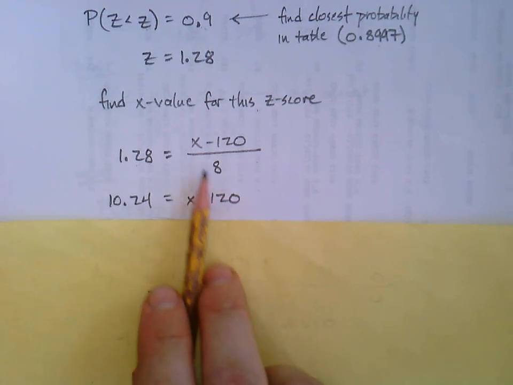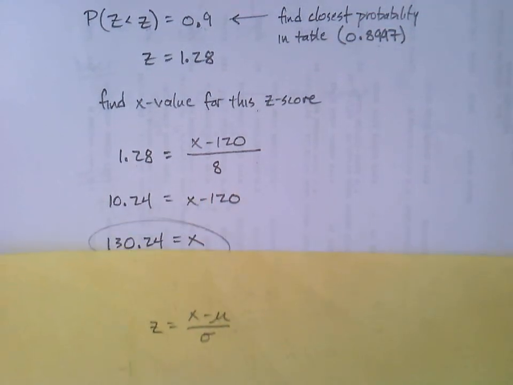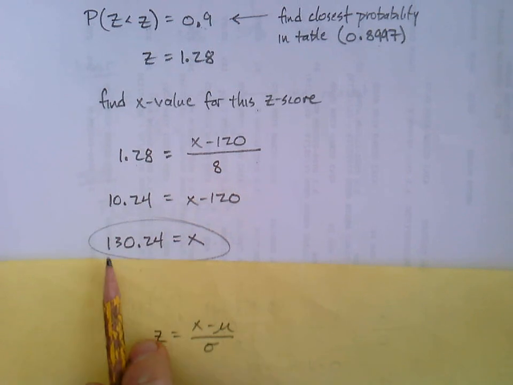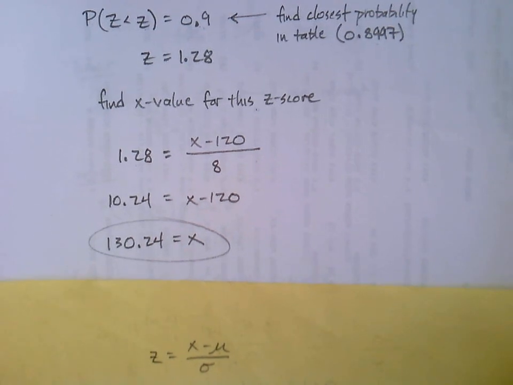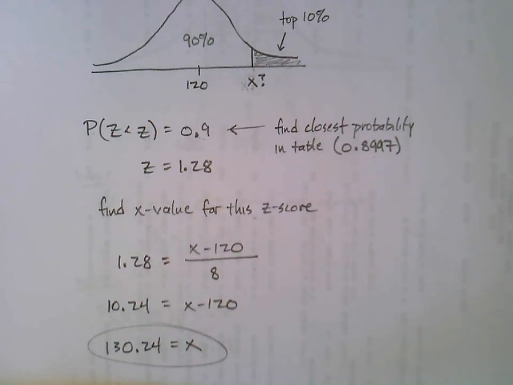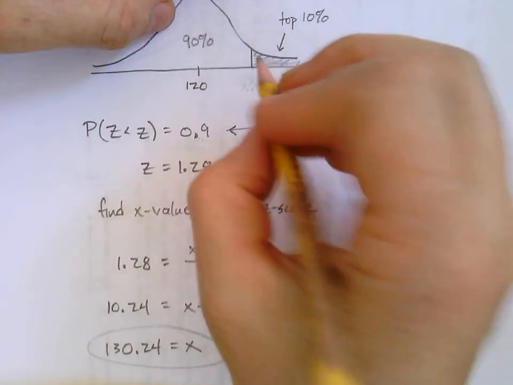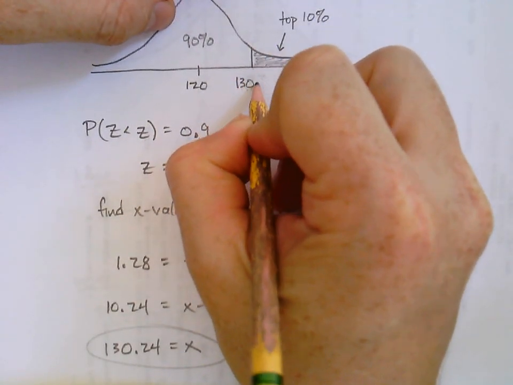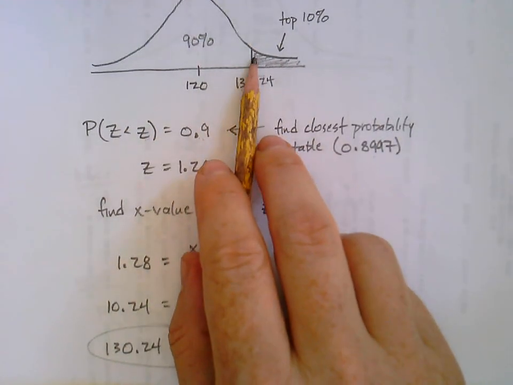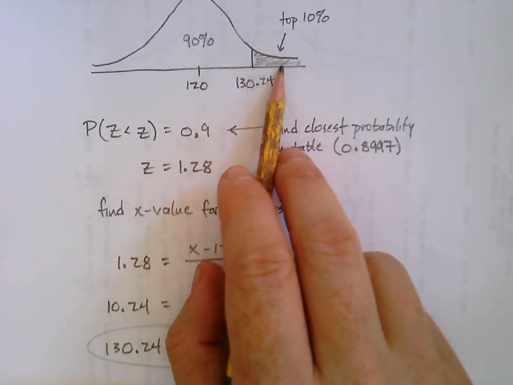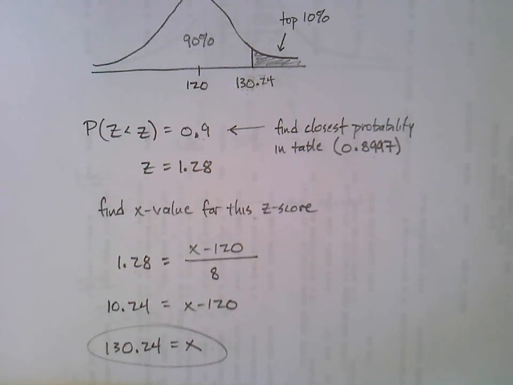We're going to add the 120, and we're going to get 130.24 equals x. So in other words, the x value that cuts off the top 10% is 130.24. If that's your systolic blood pressure or above, then you are in the top 10%.